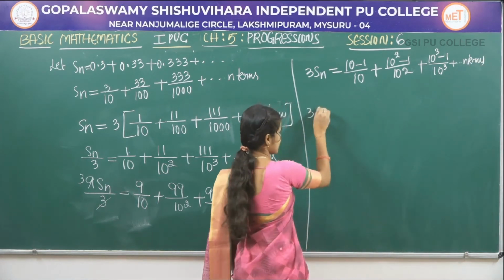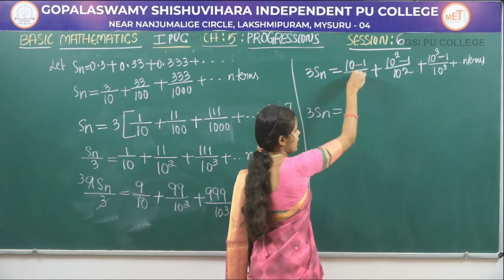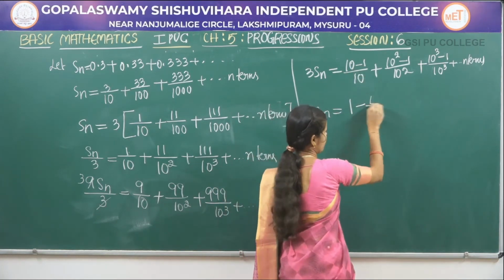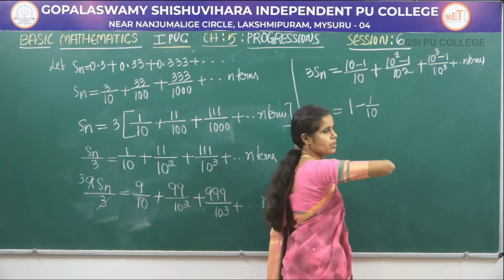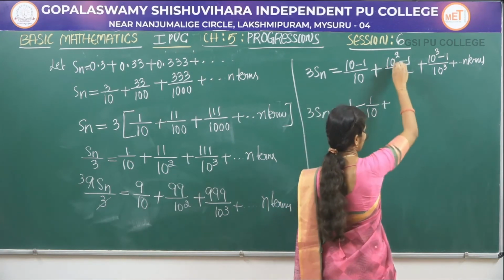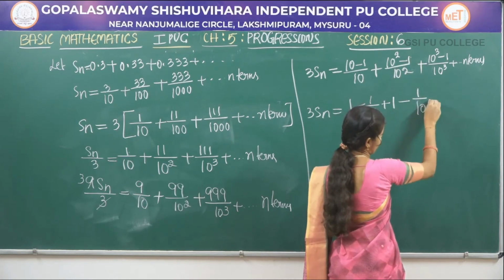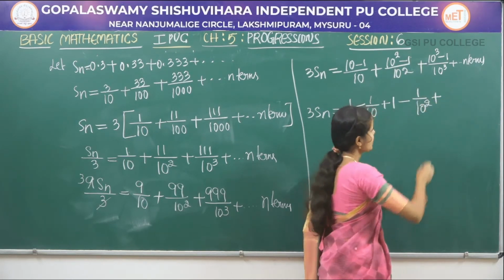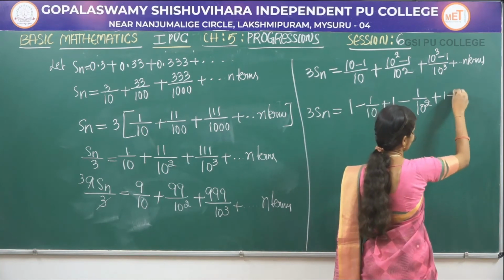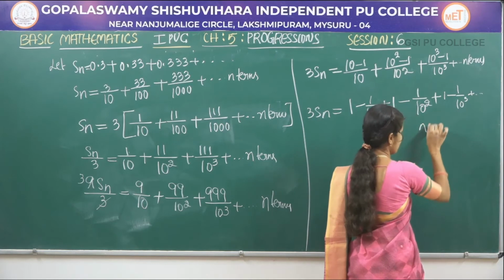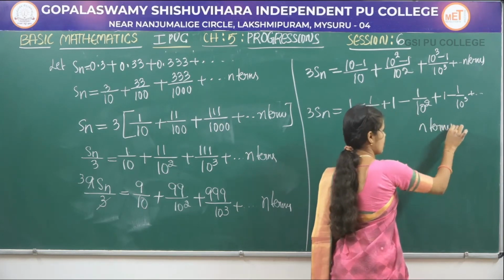Next 3Sn is equal to 10 by 10 is 1 minus 1 by 10. Split the denominator to each term here. So 10 square by 10 square, 1 minus 1 by 10 square, plus 10 cube by 10 cube, 1 minus 1 by 10 cube, up to n terms.